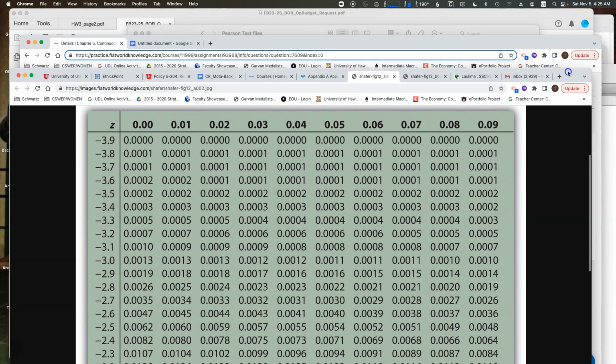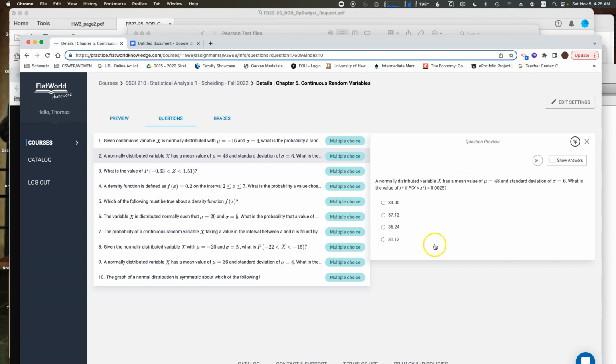That would mean for us here that we can now set up again our equation. Negative 2.81, which I just found from the table, equals x minus 48 over 6.